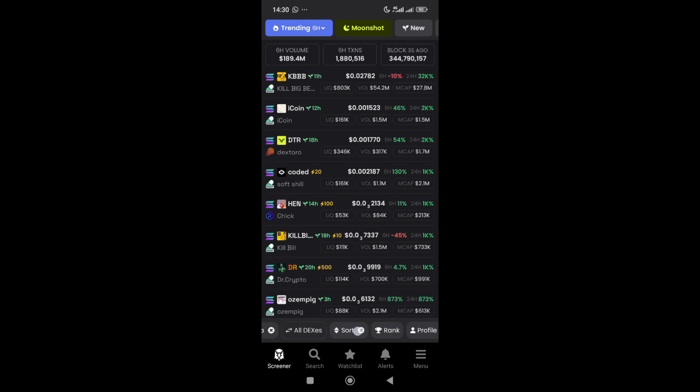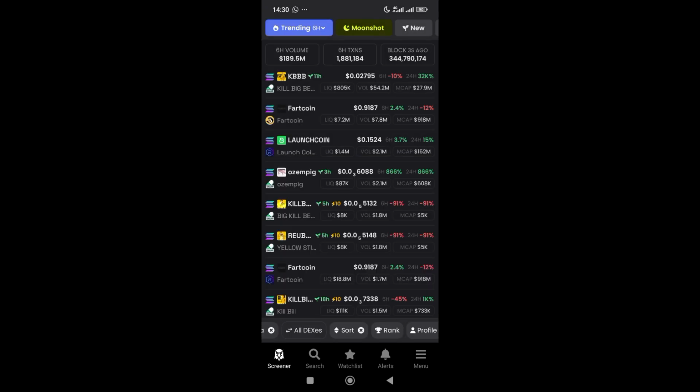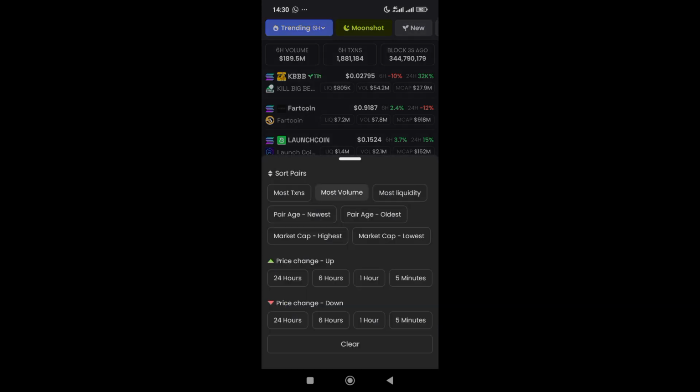Look at it over here, sort pairs. You can look at most volume, most volatility, pairs, liquidity, whichever one you want to concentrate on. You can set it to highest market cap as well, or lowest market cap. So whichever one you want, you can always do that.